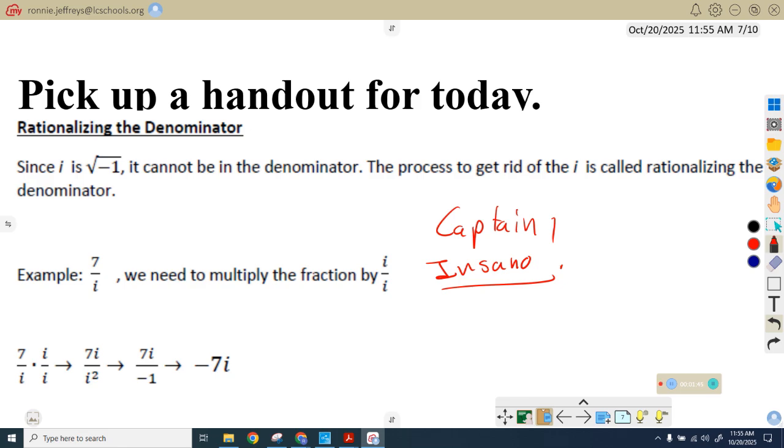And he pokes the guy in the eyeball. So basically we're poking the i out of these problems. Just remember that i squared becomes -1.